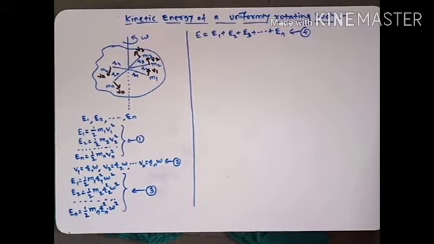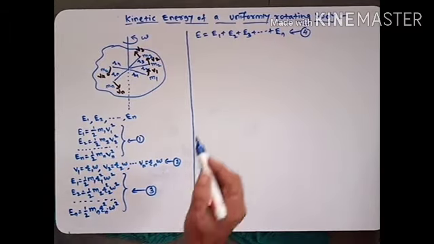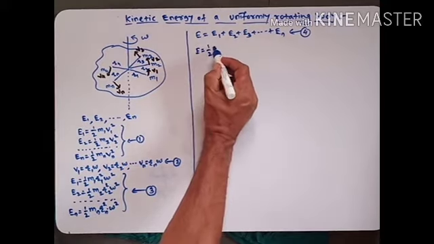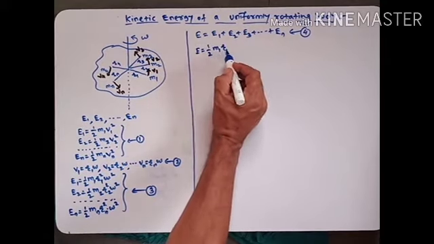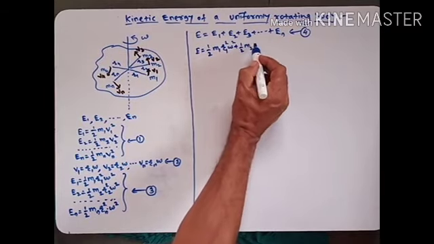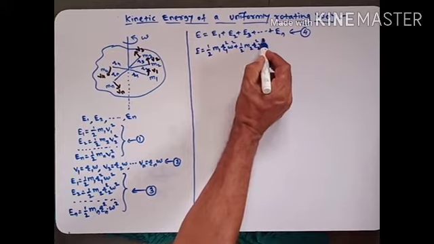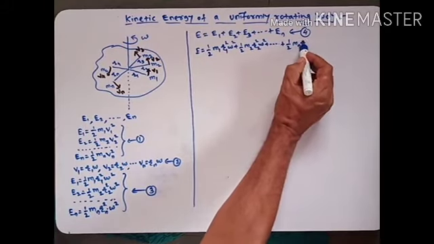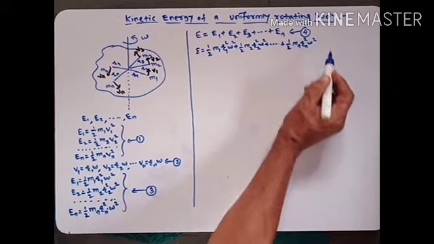Now we put all these equations 3 in equation 4. Then we get here E is equal to half m1 r1 square omega square plus half m2 r2 square omega square plus up to half mn rn square omega square.